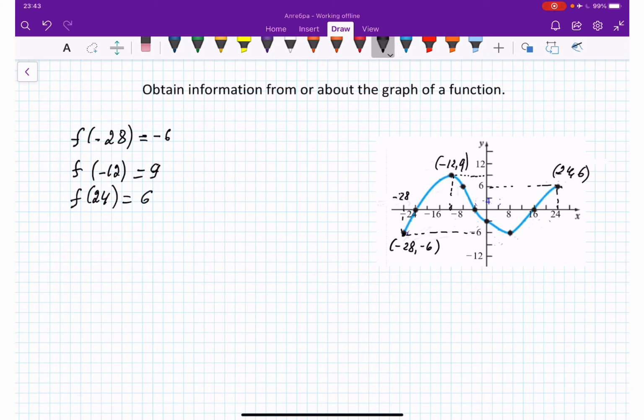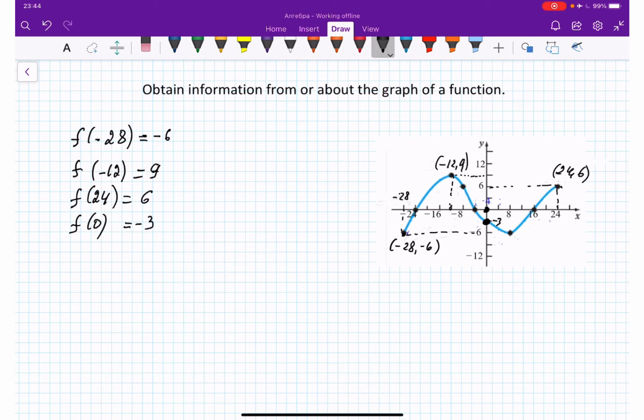And one more point, f of 0. Where is my f of 0? X is 0, right here. And how much is this point? There we go. This is negative 3, right? So negative 3. So f of 0 is going to be equal negative 3.